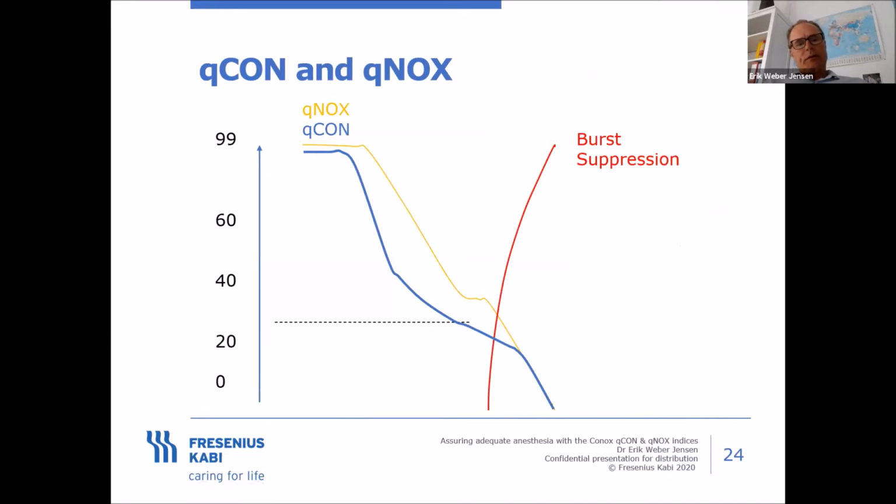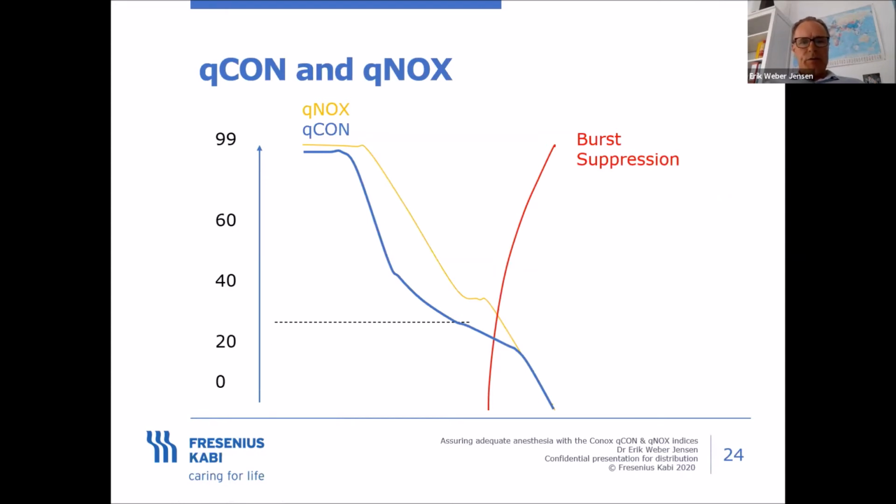There's, of course, a strong overlap, I think, between monitoring hypnotic effect and analgesic effect. So we extract two indices, the qCon and the qNOX, from the same EEG. It can be difficult to define exactly which effect is hypnotic and which one is analgesic.